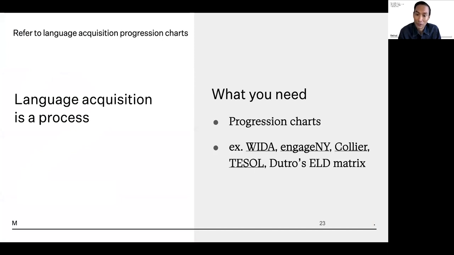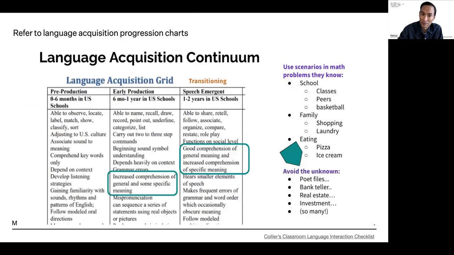These are links to the WIDA chart, the Engage New York, which is based on WIDA. The Collier's is one I particularly like. TESOL has their own. And Susannah Dutro's ELD matrix is also good, which I'll show you too. This is Collier's.